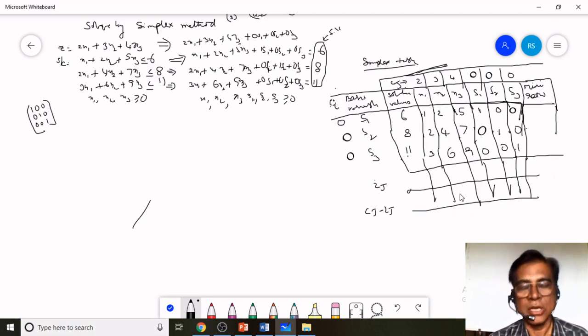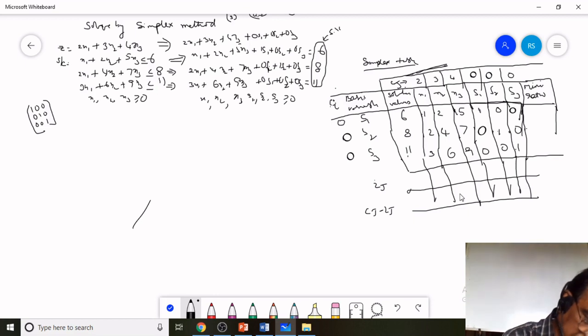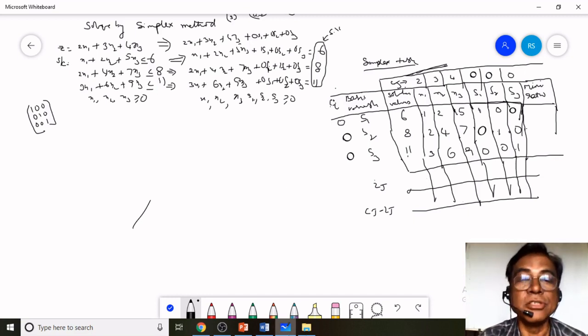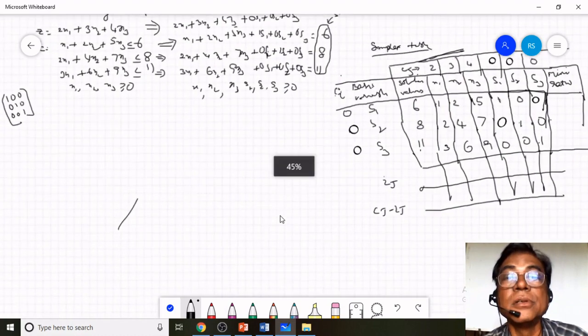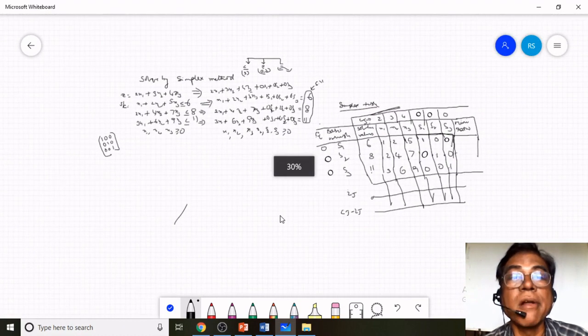Once this is over, now I'm going to solve a small problem of the simplex method. Okay. Yes. Next, please, another important point. Please note down the points here.